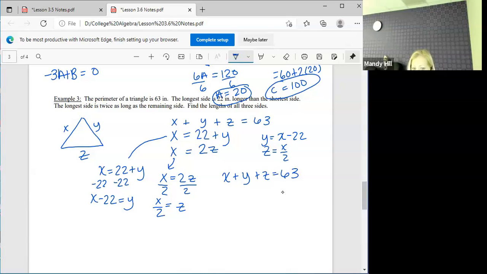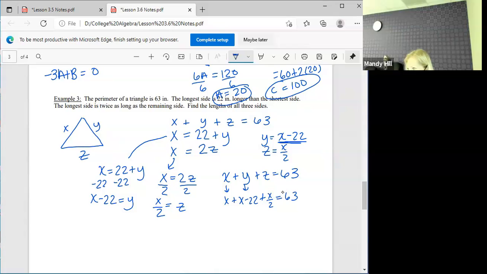Instead of X, I'm not going to do anything. I'm going to leave it X. But instead of Y, I know that Y can be written as X minus 22. And I know that Z can be written as X over 2, which is the same thing as 1/2 X.